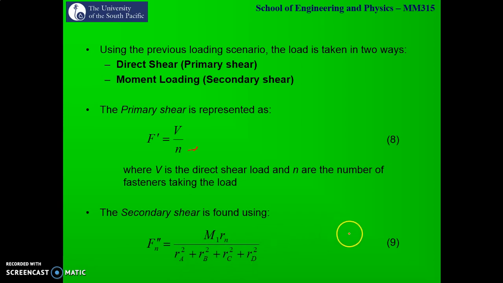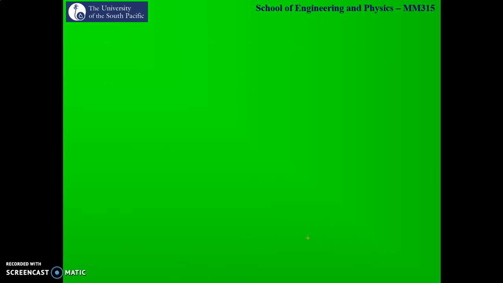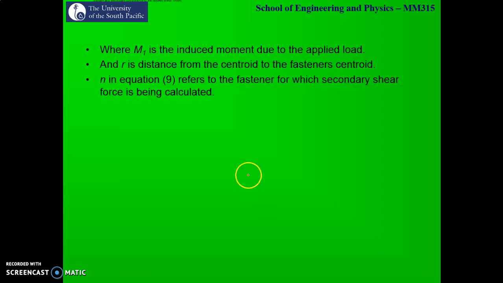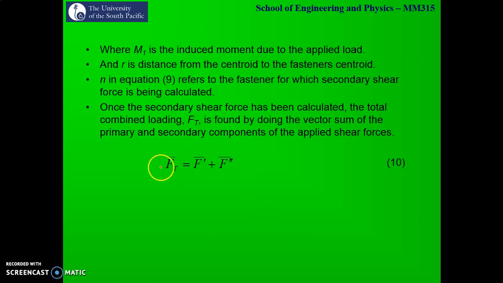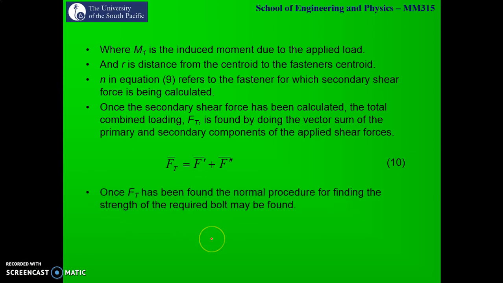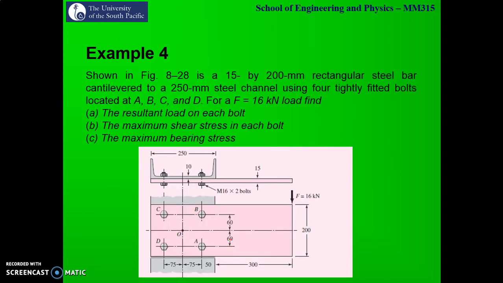So we'll use equation 9 to calculate our secondary shear. Then, once we have found our primary and secondary shear, the resultant force acting on that particular bolt is simply obtained by doing the vector sum, which is given by equation 10. It seems a little bit easy, but it will become clearer how we do these calculations when we look at an example.